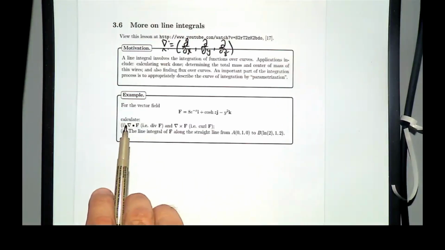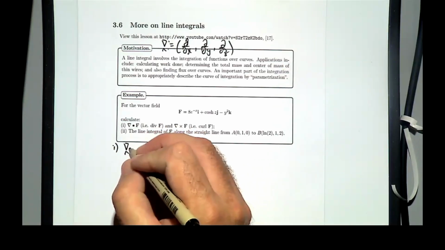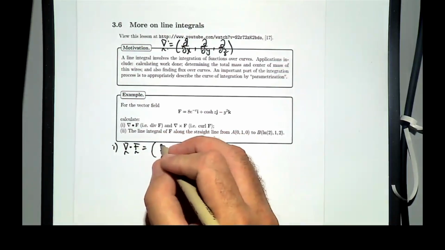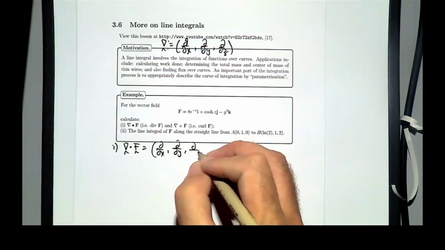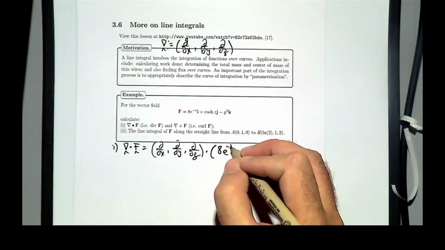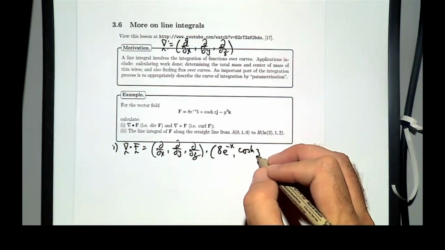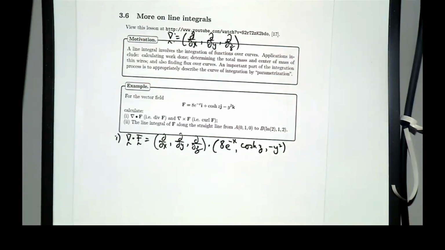And for the first one, it's the divergence, dot product. I'll write it as a row without the i's, j's, k's. Okay, so pretty easy for this one.